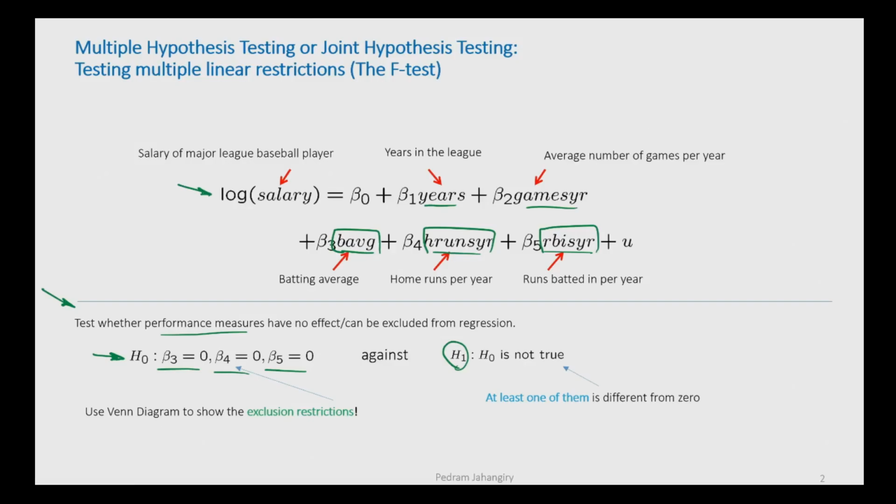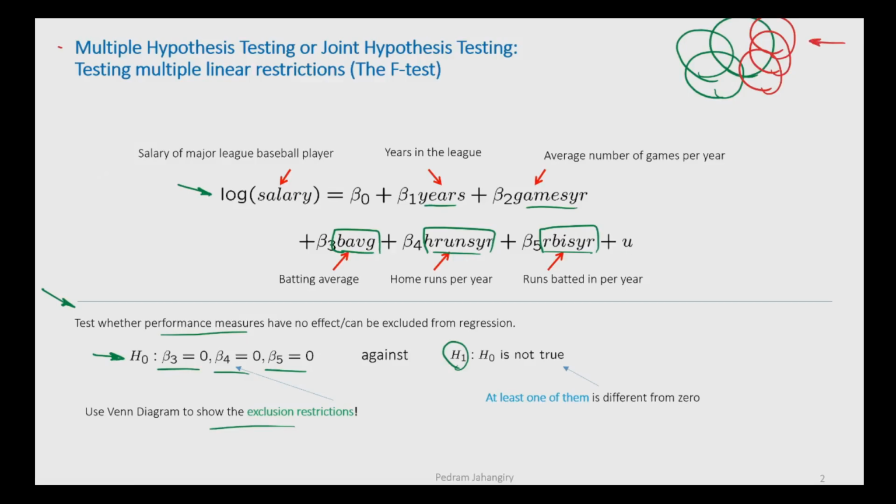And let's go ahead and use a Venn diagram to show these exclusion restrictions and try to figure out what we are doing. Okay, here imagine this is the log salary, and we have years and games, average number of games per year. I'm going to use another color, so let's use red. And the idea is that we want to see if the performance measures, I'm going to use red for performance measures, look something like this. Are they something like this?